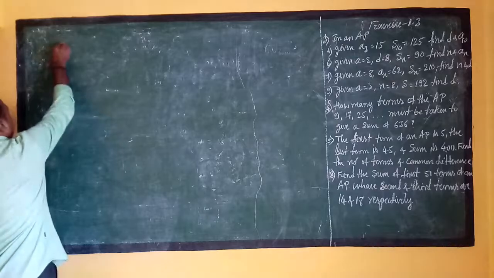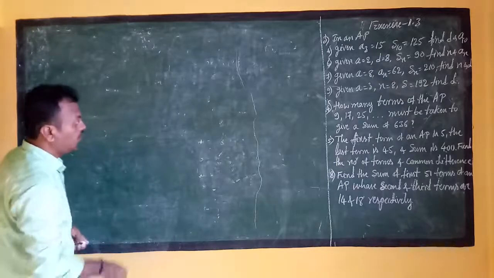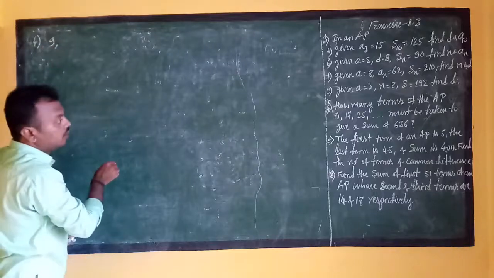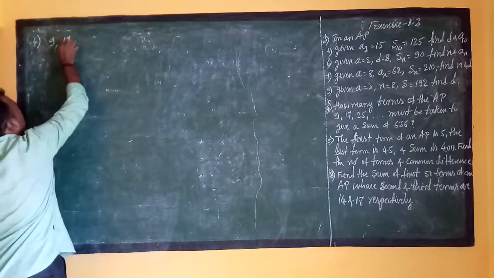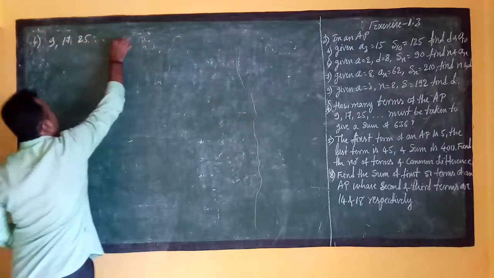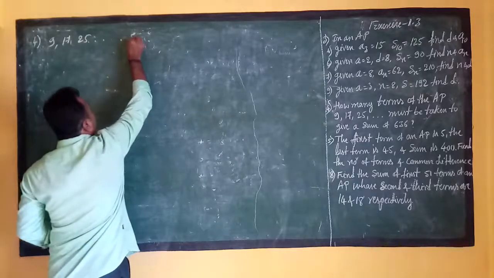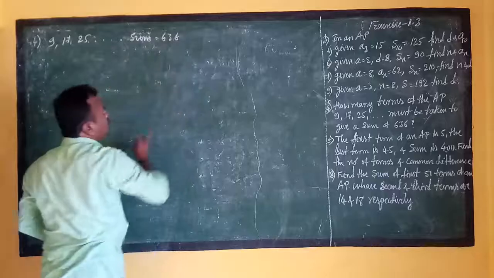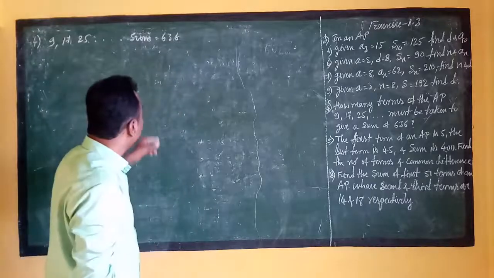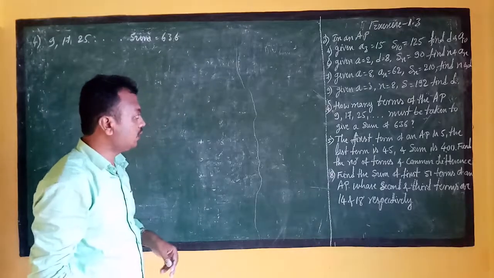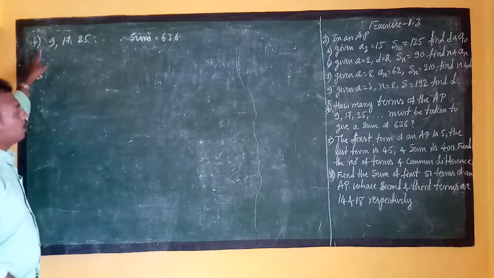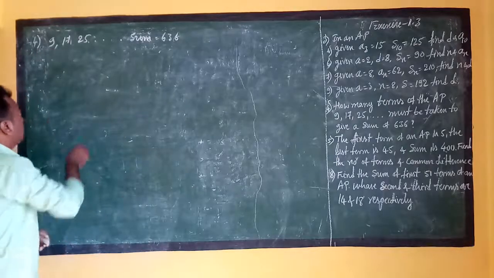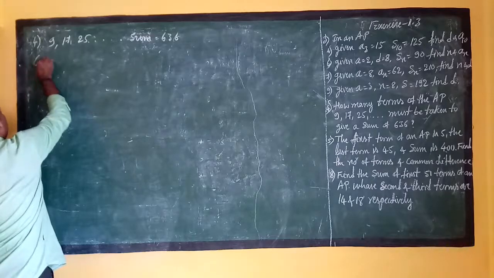What is the AP? 9 comma 17 comma 25 comma dot dot dot. The sum is 636. In this AP, the sum is equal to 636. We have to calculate how many terms of the AP, means n is equal to question mark.